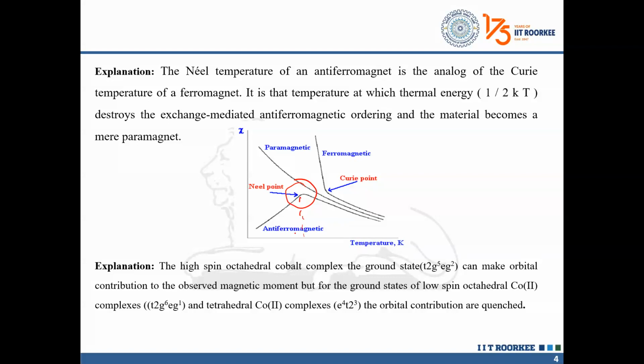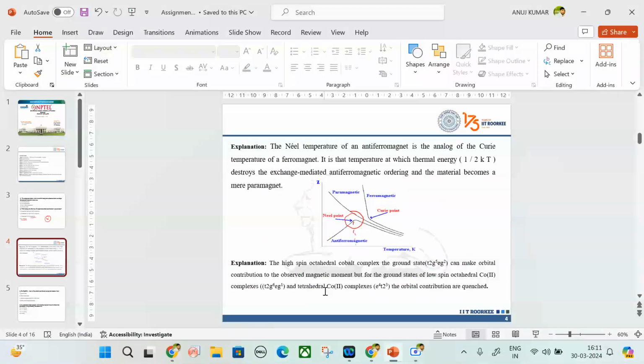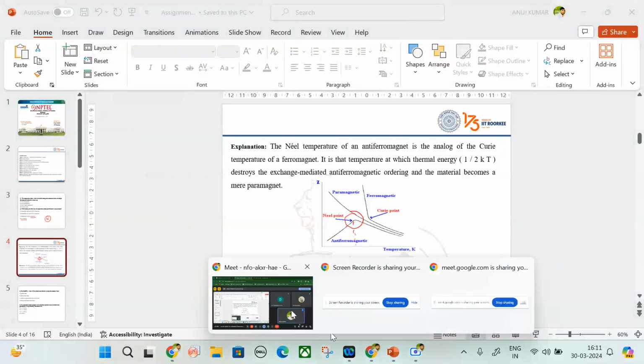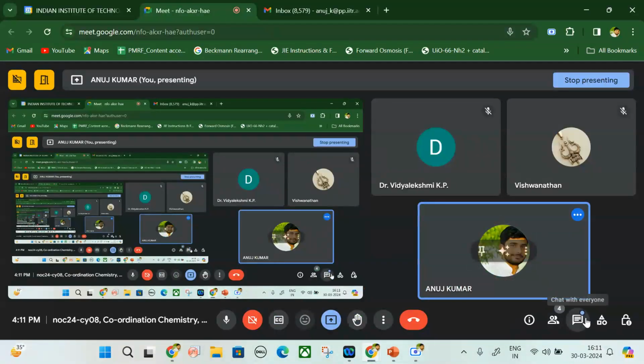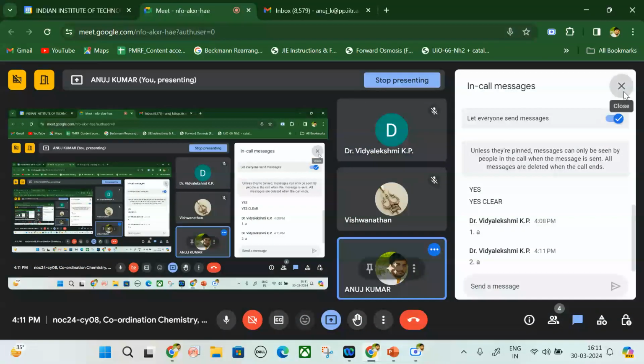And similarly, in case of a ferromagnet, up to the Curie temperature it behaves as a ferromagnetic material. After that, it behaves as a paramagnetic material, right?